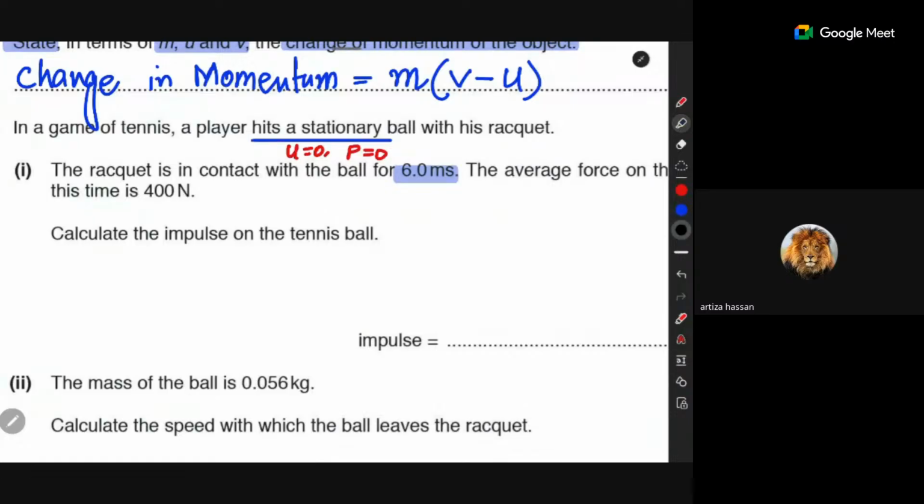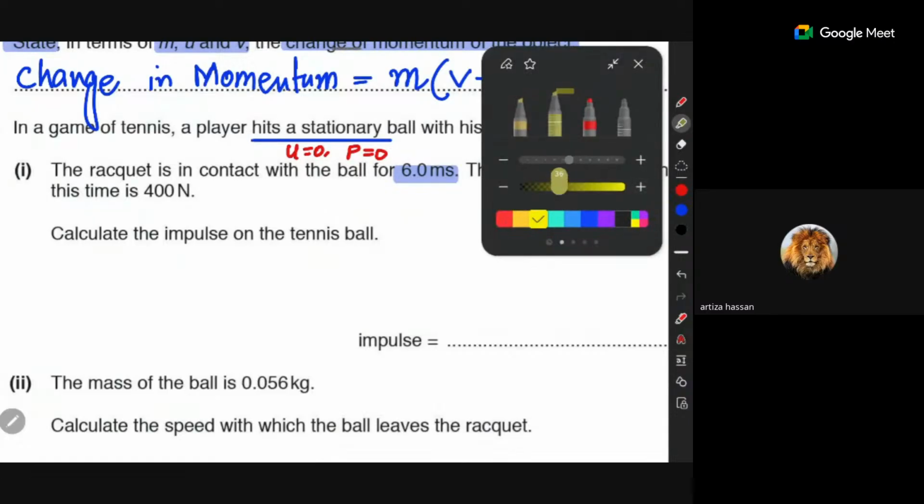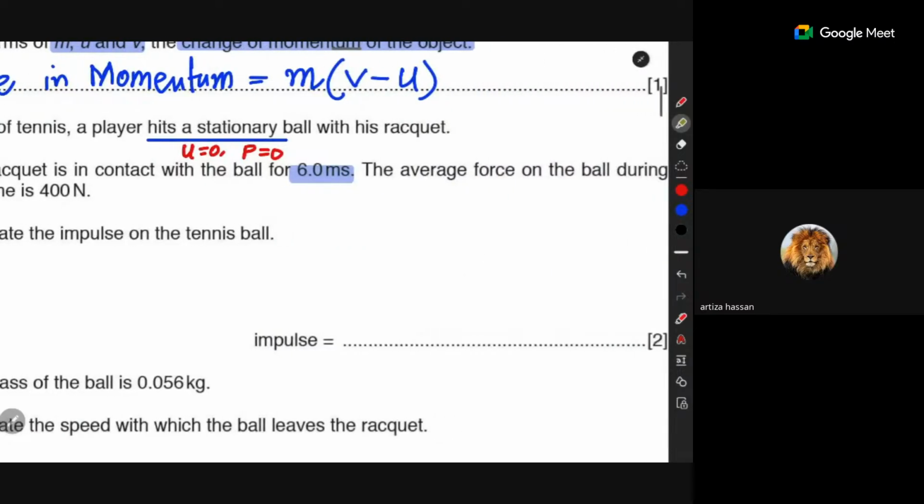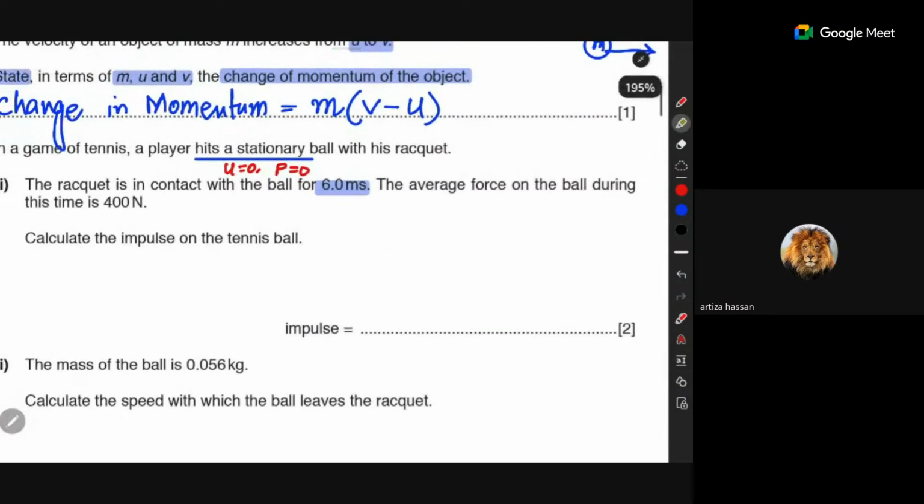For how much time? 6.0 milliseconds. The average force on the ball during this contact is 400 newtons. Calculate the impulse on the tennis ball.